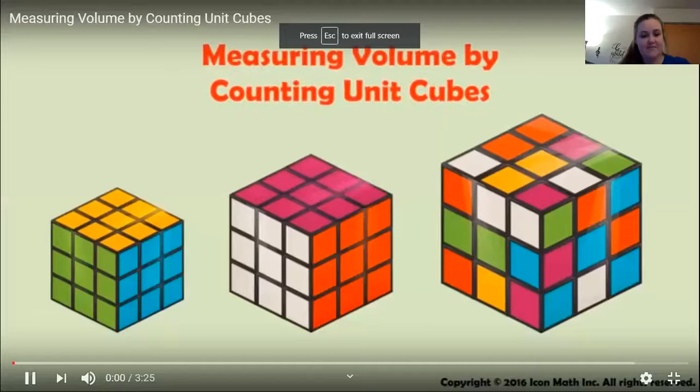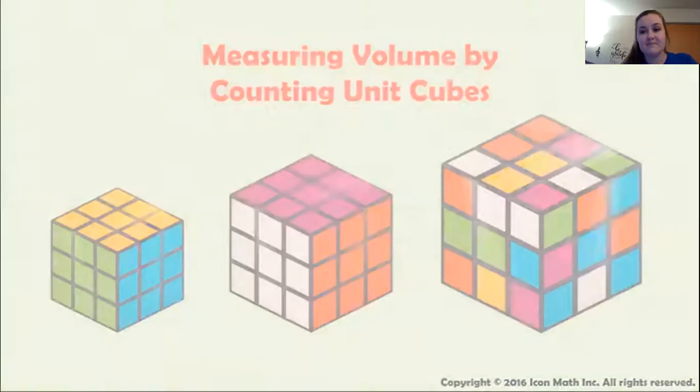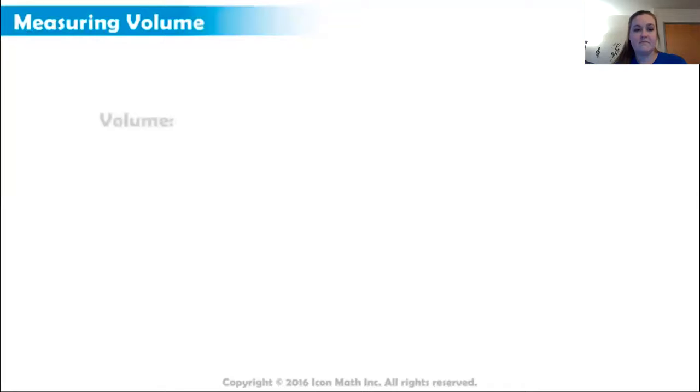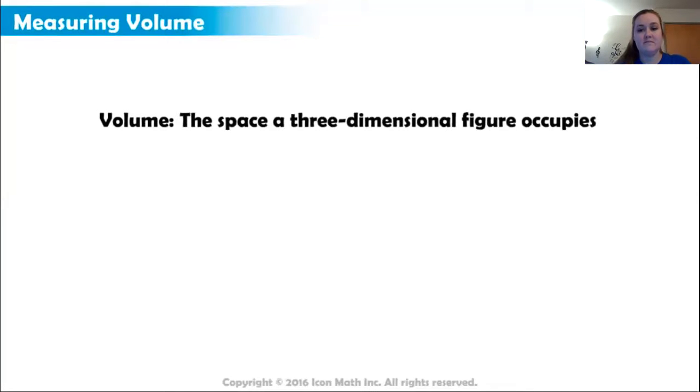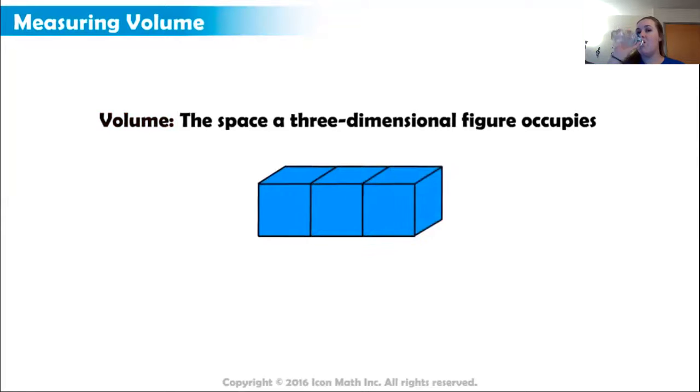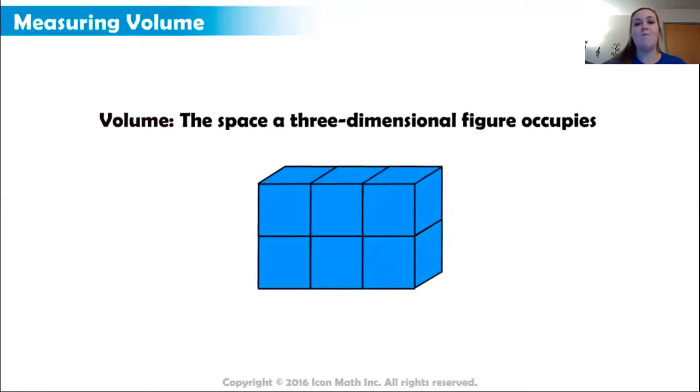Measuring volume by counting unit cubes. You've learned that volume is the space a three-dimensional figure occupies, and unit cubes are used to describe that space. The number of unit cubes that form a figure without gaps or overlaps is the volume of that figure.